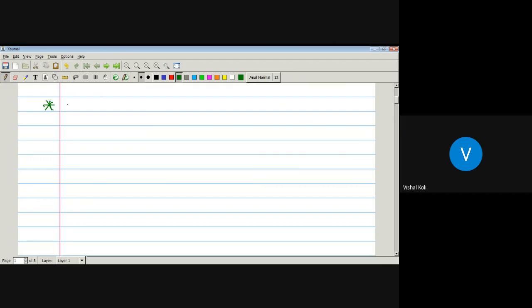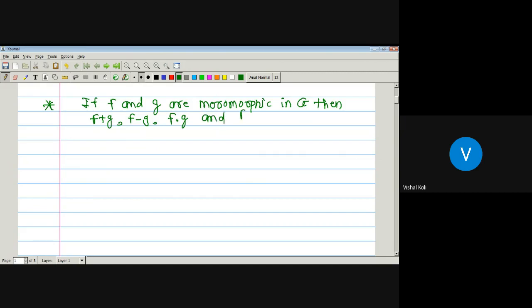There is one note: if f and g are meromorphic in capital G, then f plus g, f minus g, f into g, and f divided by g, where g is not equal to 0, are also meromorphic in G.